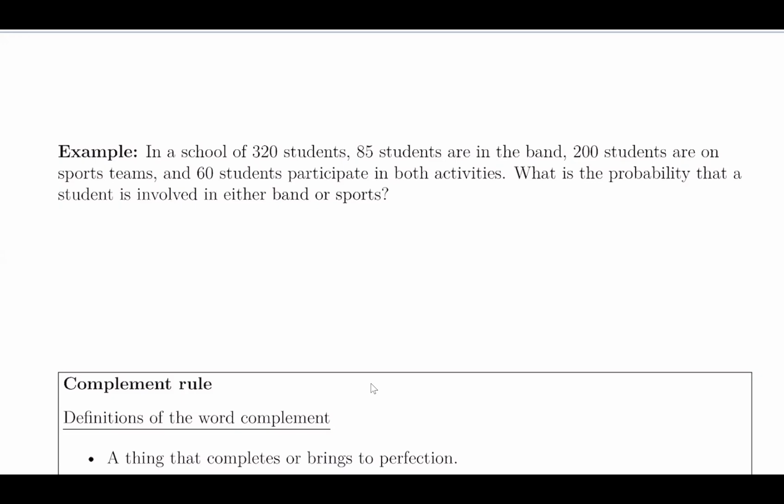Cool, all right, so we got both of them. One of our events is band. I'm going to label this as B. The other event is sports team. And we'll say this is S.